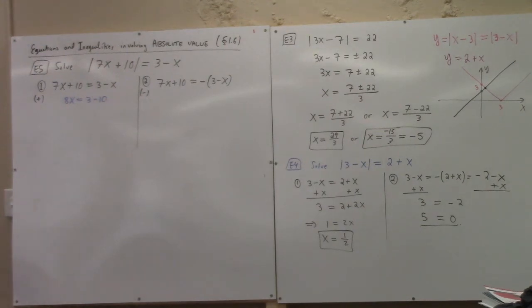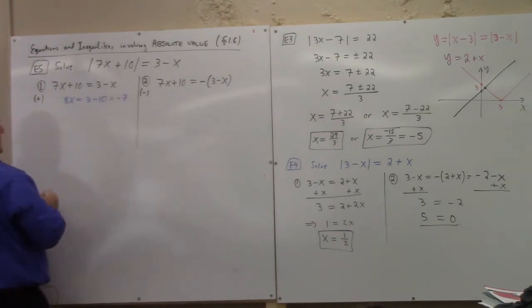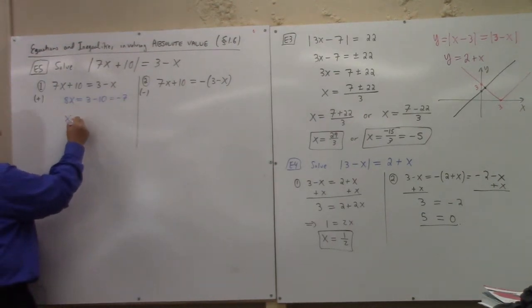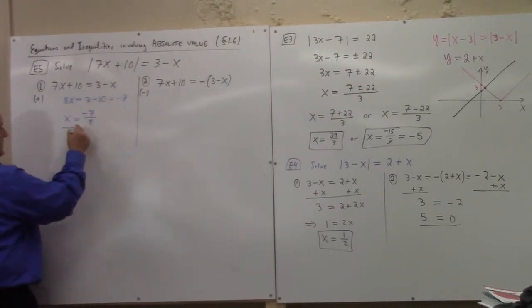So I added x to both sides, and I subtracted 10 from both sides. So the 10 cancels, and the x with the minus x cancels, right? Then, because the 3 minus 10 is minus 7, right? So what's the solution here on this side? We got x equals minus 7 divided by 8. There you go.